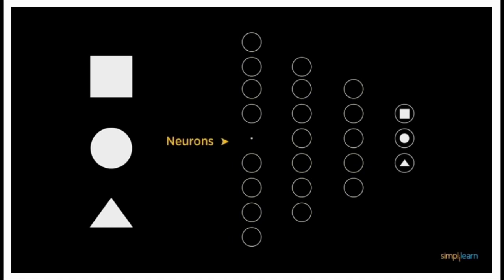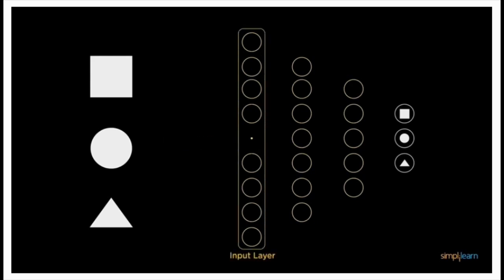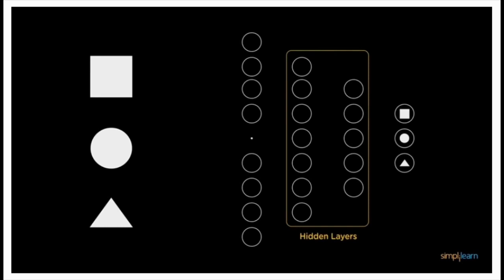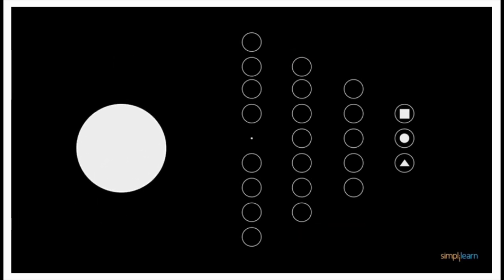Neural networks are made up of layers of neurons. These neurons are the core processing units of the network. First, we have the input layer, which receives the input. The output layer predicts our final output. In between exist the hidden layers which perform most of the computations required by our network. Here's an image of a circle.